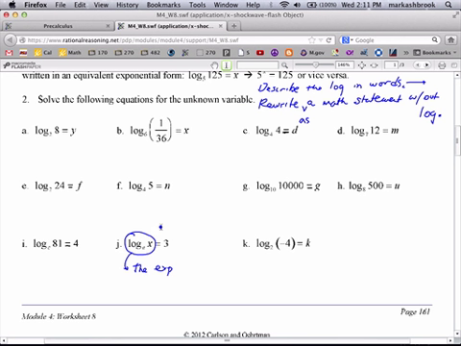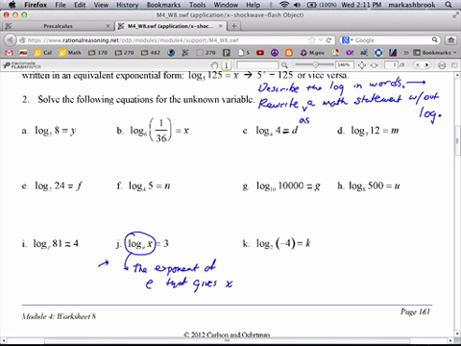Look, when you see a log, I want you to be able to see that it's an exponent. Particularly, what exponent is it? It's the exponent of e that gives you x. And according to the statement, what is the exponent of e that gives x? 3.